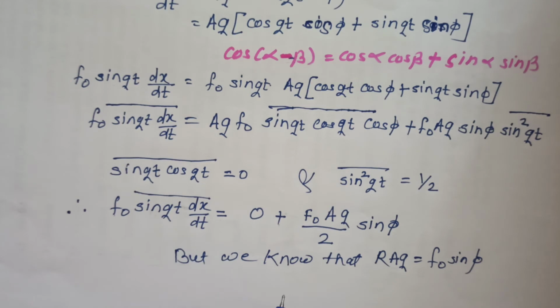Now we know that r a q = F0 sin φ. We obtained this value in the solution of forced oscillation.